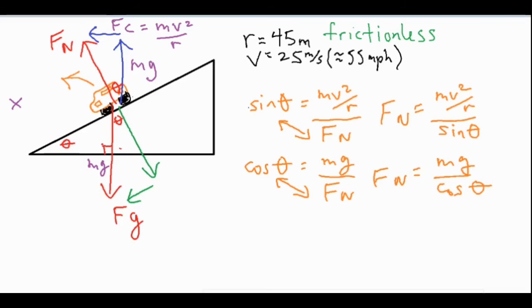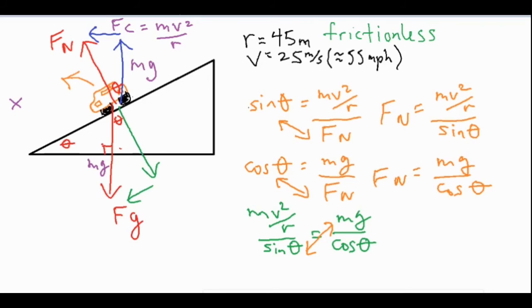Okay, from there, you can set these two equal to one another. So you have mv squared over r over sine theta equals mg over cosine of theta. And what we can do is a quick cross multiply to simplify our values and to get a single theta to solve for, because our unknown theta is the thing that we are focusing on as our final solution.